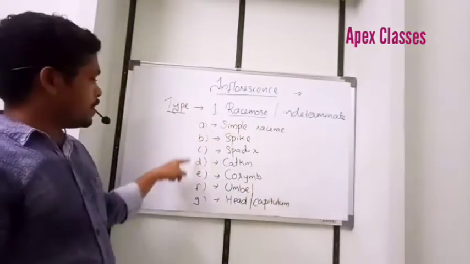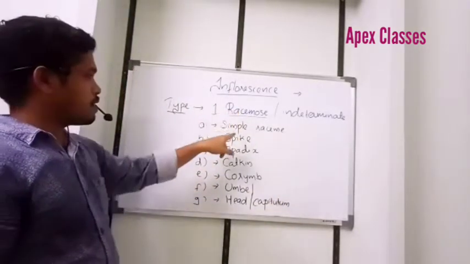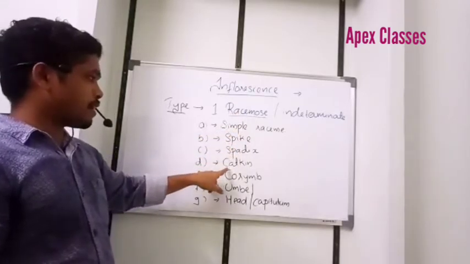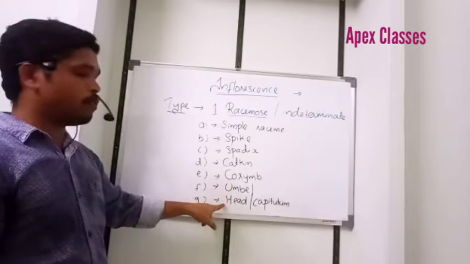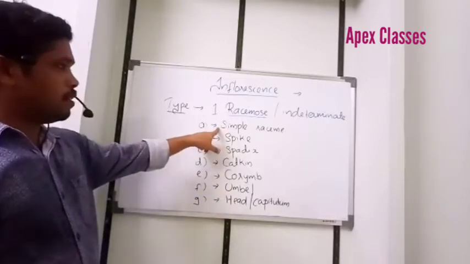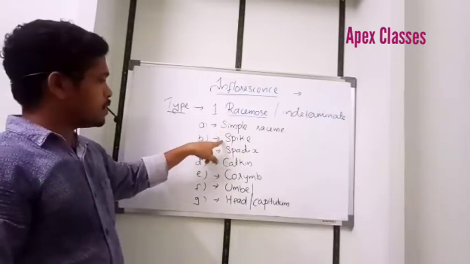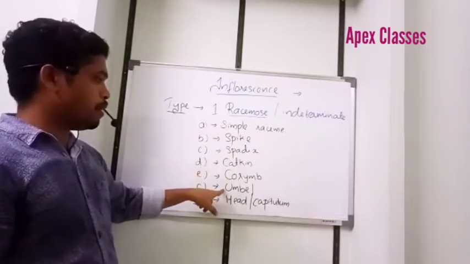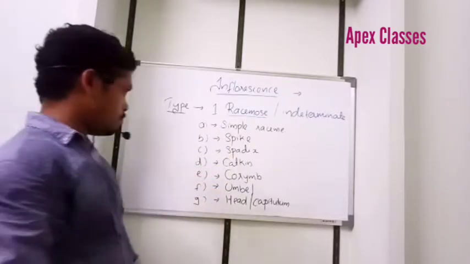There are seven types of racemose inflorescence: simple raceme, spike, spadix, catkin, corymb, umbel, head or capitulum.